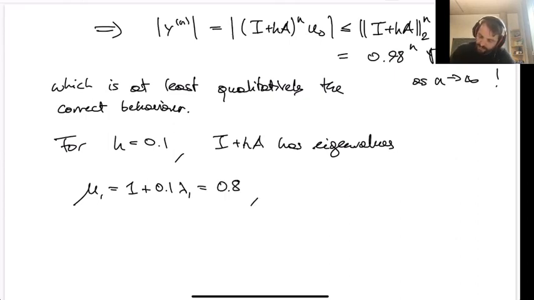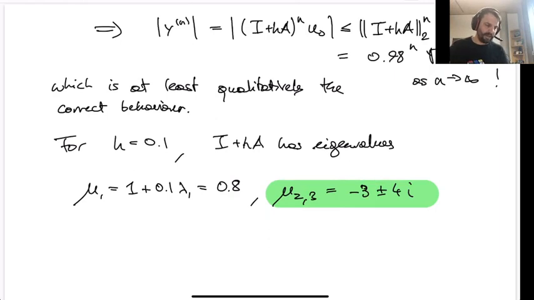But now the other two, mu2 and mu3, would become minus 3 plus minus 4i. And now it's not this one, but these that are the largest in modulus.